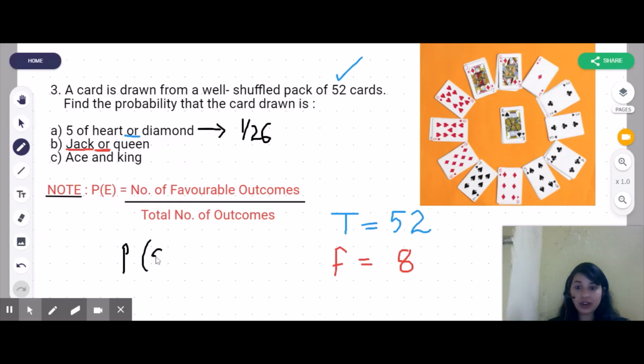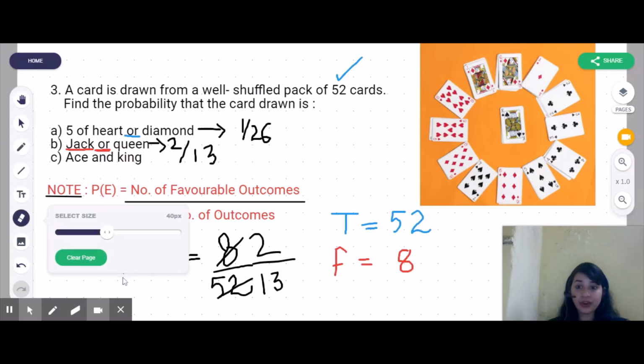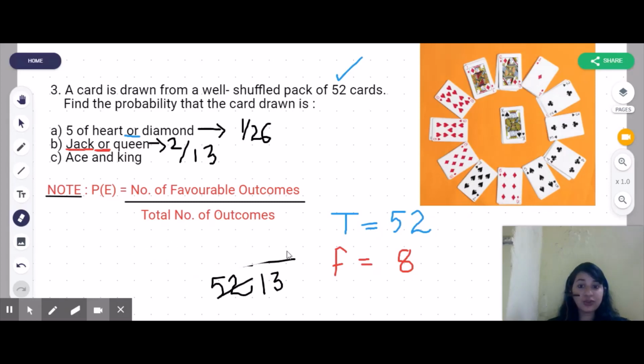The probability of the event, second case, it is going to be 8 by 52. And if we cancel this by the table of 4, we are going to get 2 upon 13. So the probability for the second case is going to be 2 by 13. And again, you can very well notice that it is in the reduced form and the value is going to be in the range 0 to 1.